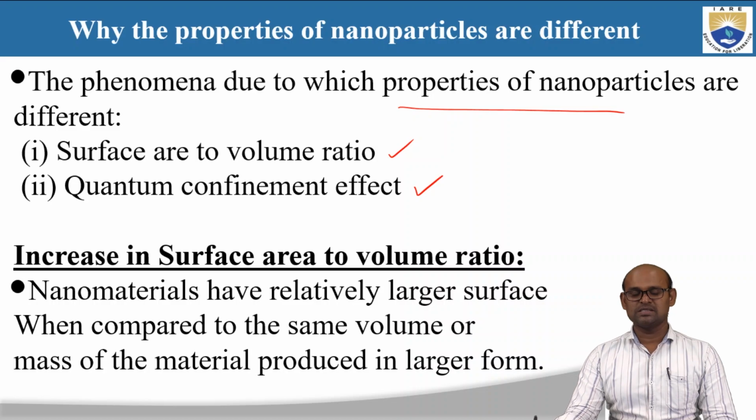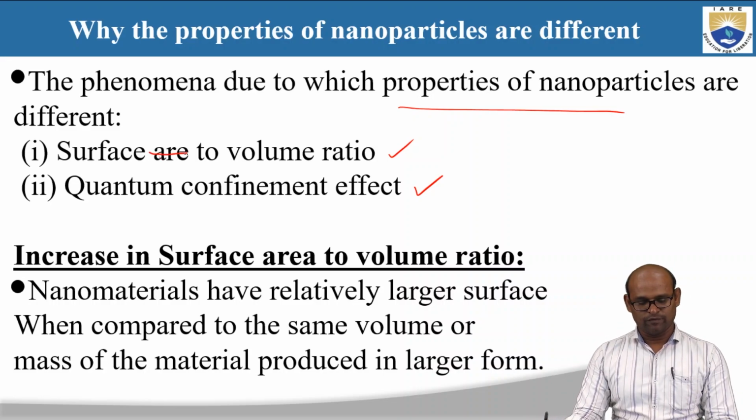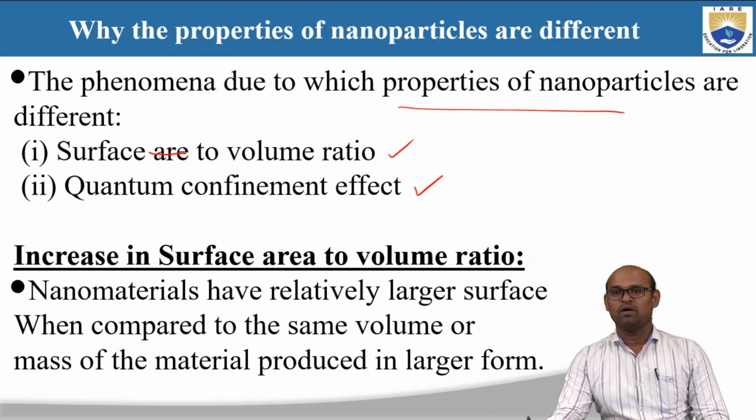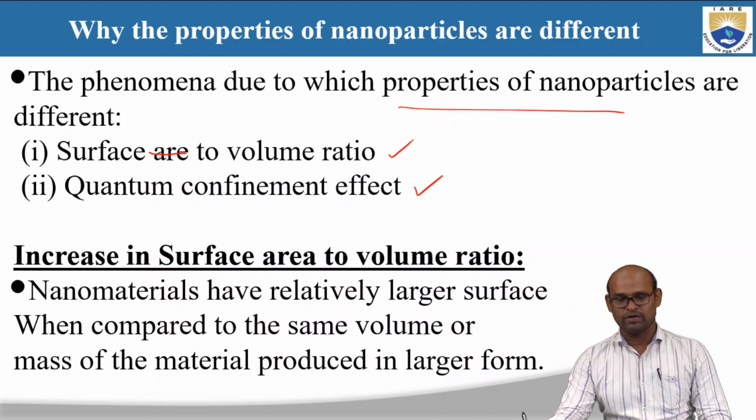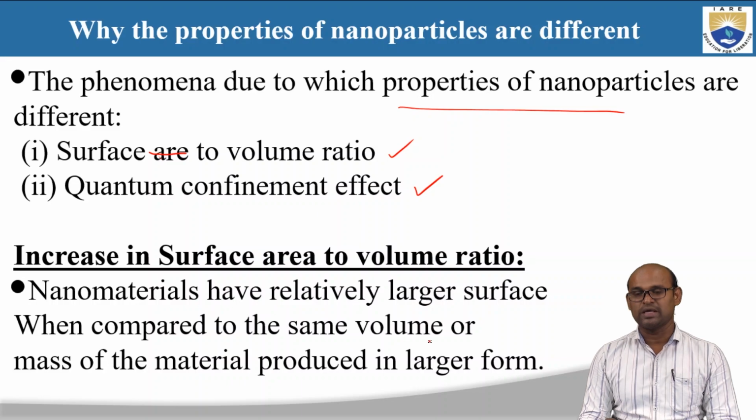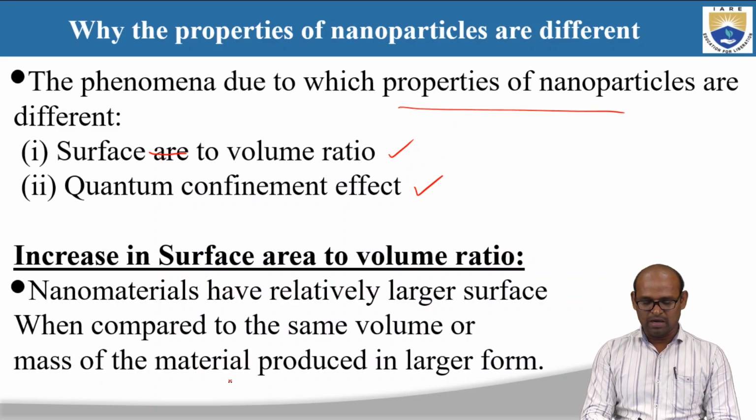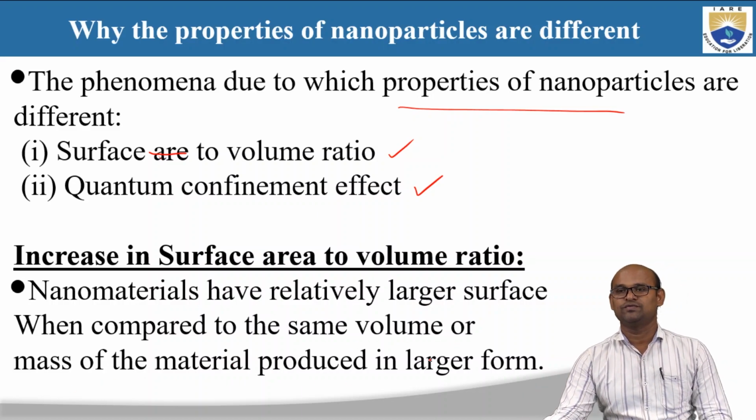So what is this surface to volume ratio? Nanoparticles or nanomaterials have a relatively large surface area when compared to the same volume or mass of the material in larger form.